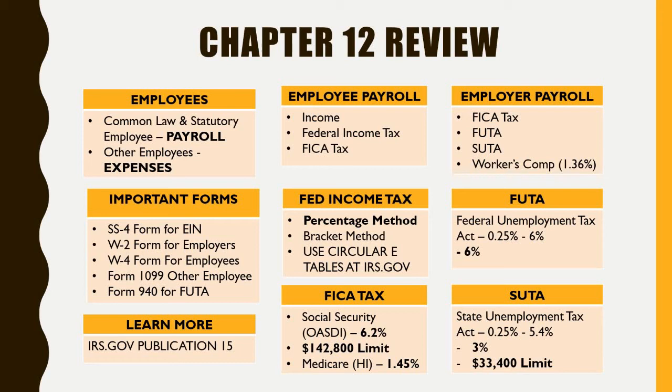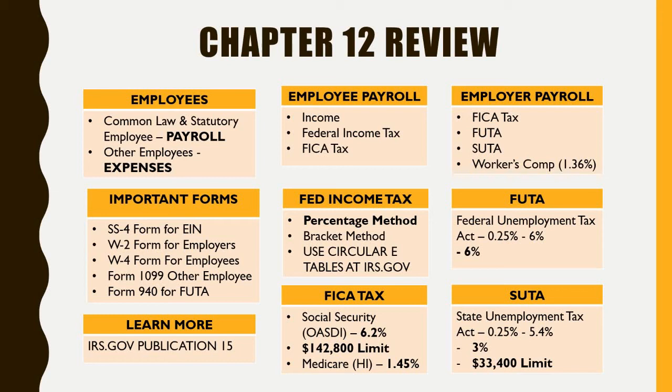Okay, and then other things that you need to know for employee payroll. You need to file for their income taxes. You also need to do their FICA, which is Social Security and Medicare. Right here down below, federal income tax withholding is broken down into the percentage method.